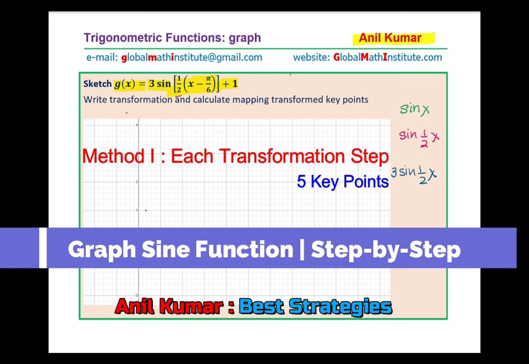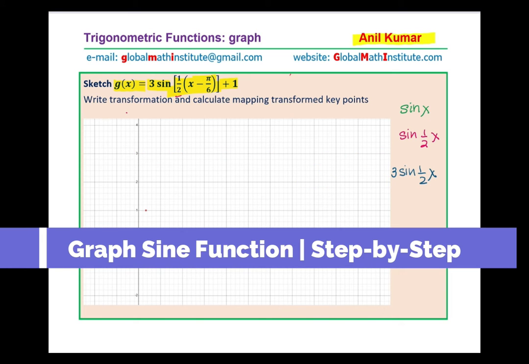And at the end, we are going to do the translations, moving it 1 unit up, and then we will translate it pi by 6 to the right. We can combine the two steps, but let me do it in different ink. Let's have more options here.